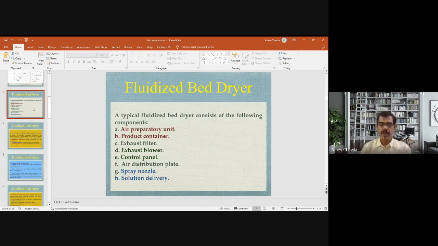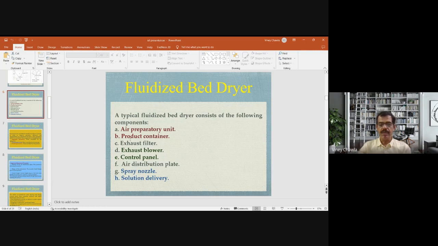That is, it is equipped with dust filters or other sort of filters which can filter the air and stop the entry of unwanted materials. In the air preparatory unit, there is also a heater which will heat the air, because ultimately the moisture removal has to be done through this heated air.